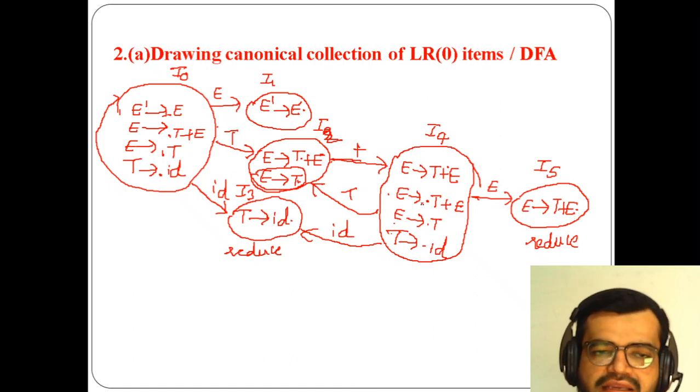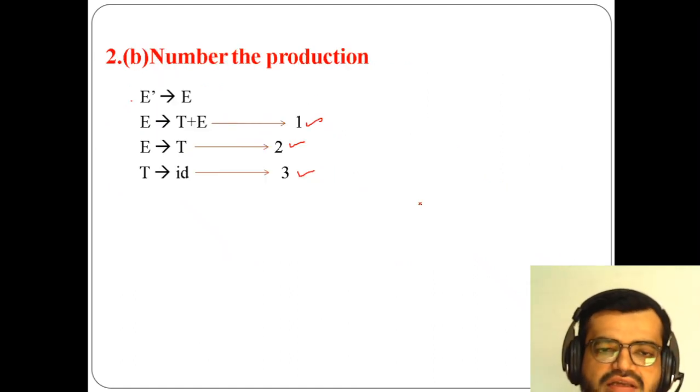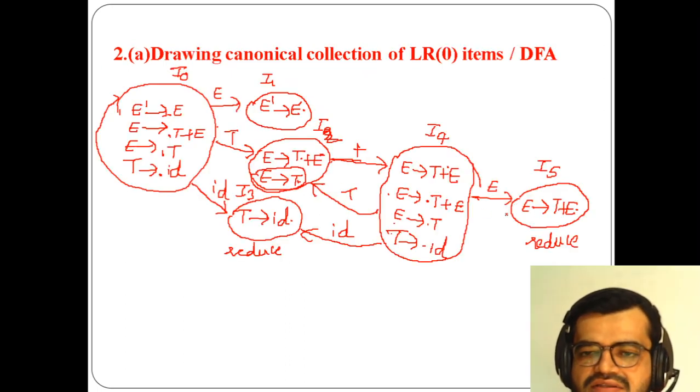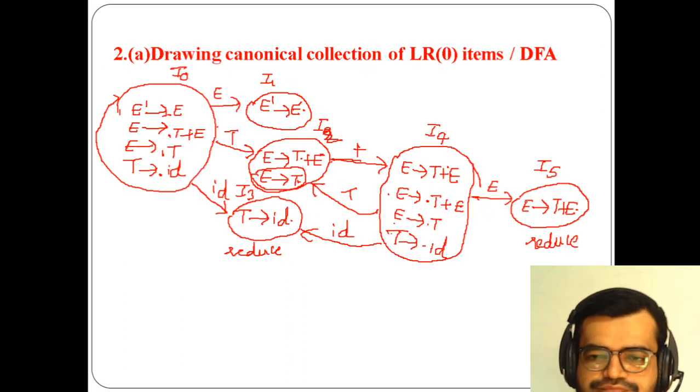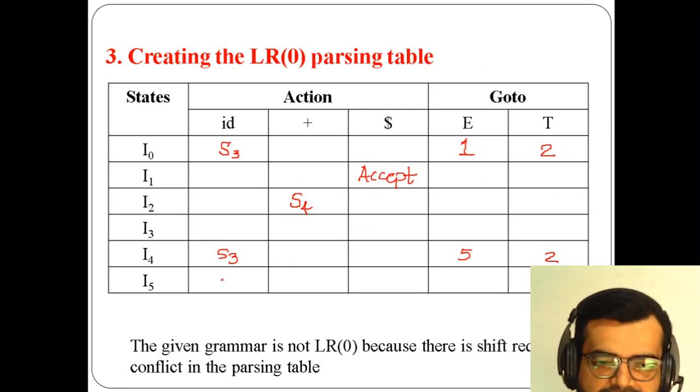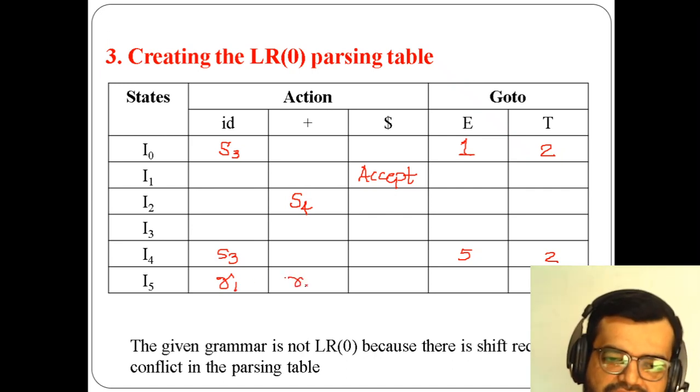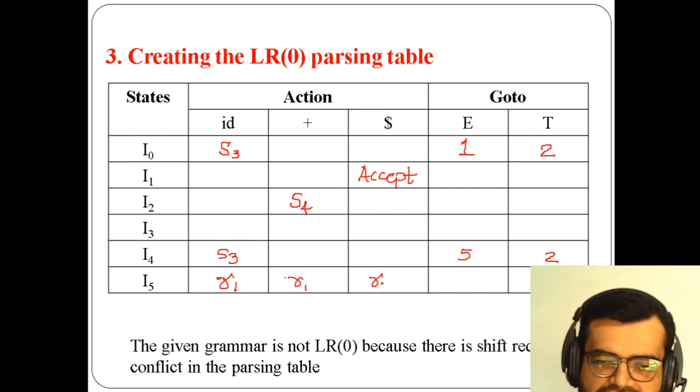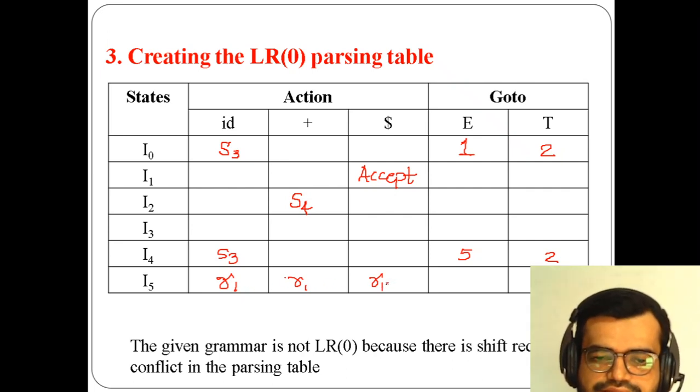T of E plus E dot means which action it is? 1. Okay, so in which state is it? I5. So here in I5, can I write R1? Yes, I can write R1, and I have to write it everywhere. This is about LR0, that's very important to understand. R1 I am writing everywhere.